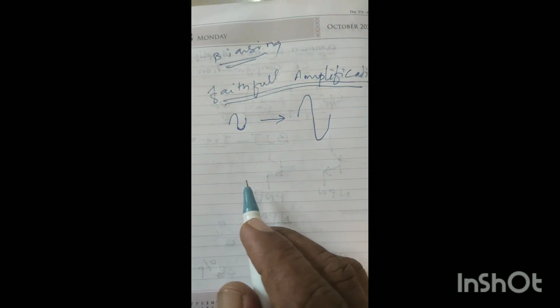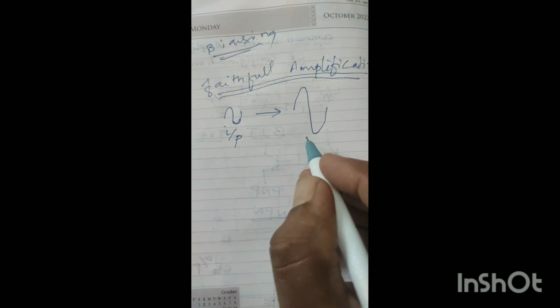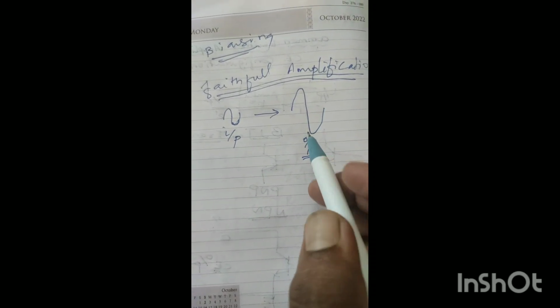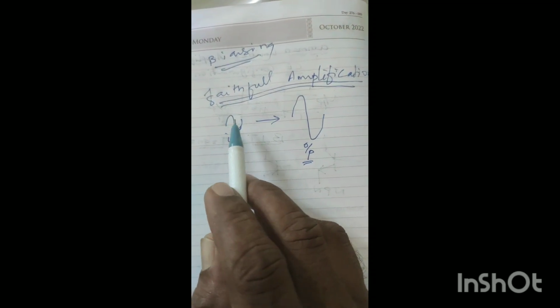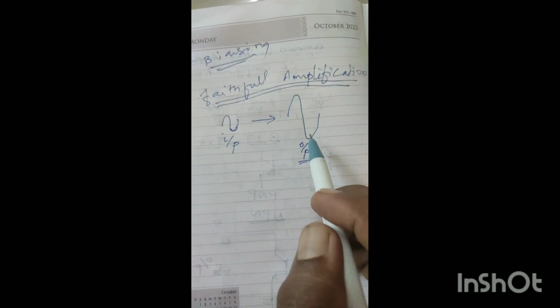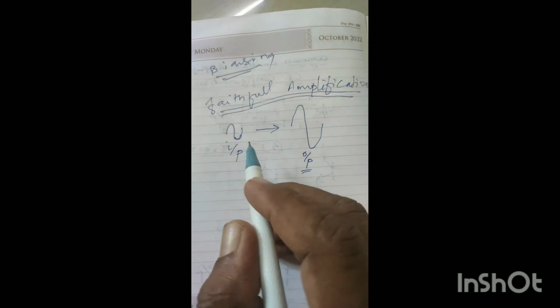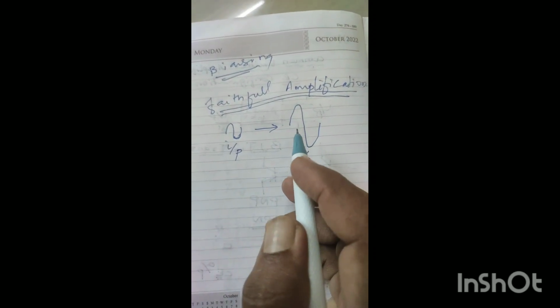So in the last video I explained that the shape of the signal should not be altered while amplifying the signal. Okay, so this is input signal which is weak signal. This is output signal which is amplified signal. That means strengthen the weak signal. Then now the signal is very strong, but the shape of the signal should not be altered.